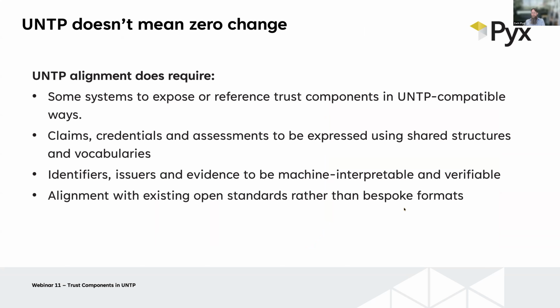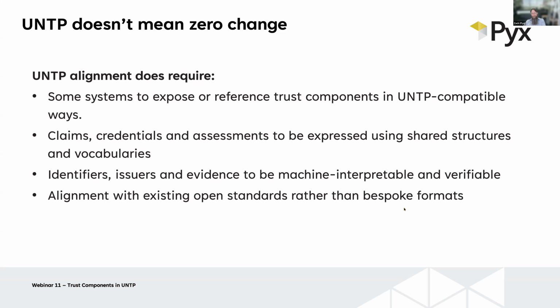But it doesn't mean zero change. So there is change that needs to occur as you go through the process. So it does require some systems to expose or reference trust components in UNTP compatible ways. It does expect claims, credentials, and assessments to be expressed using shared structures and vocabularies and verifiability. And we'll talk a little bit about that verifiability in a second.